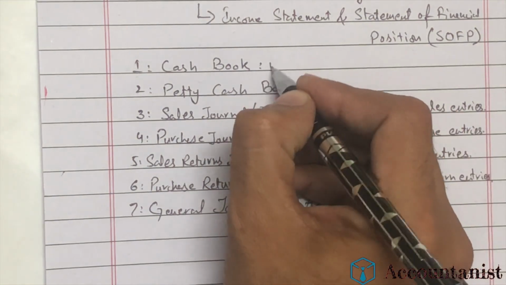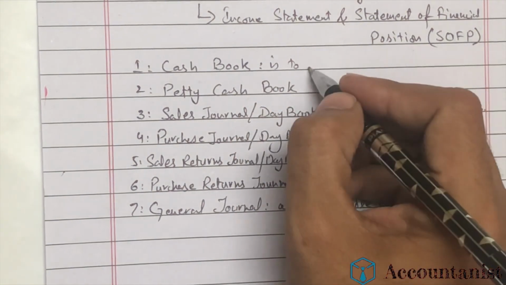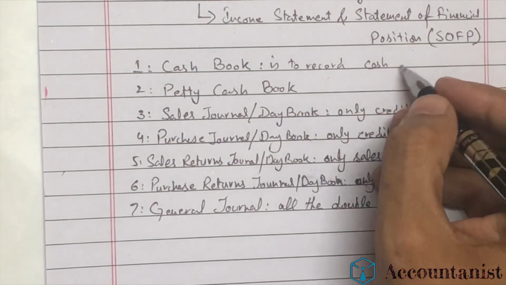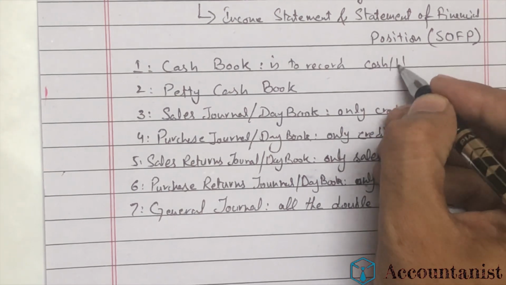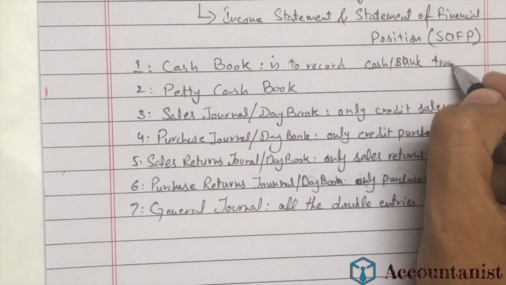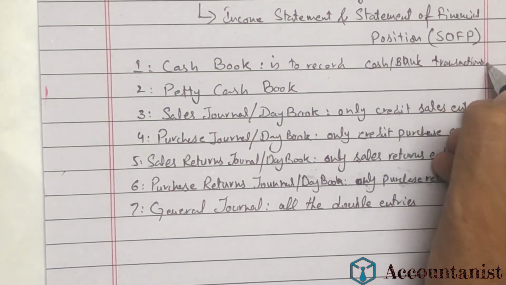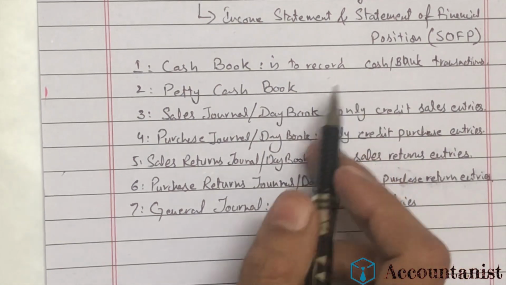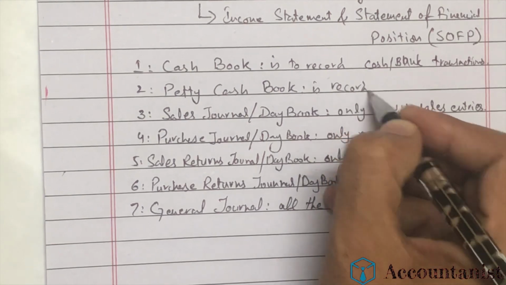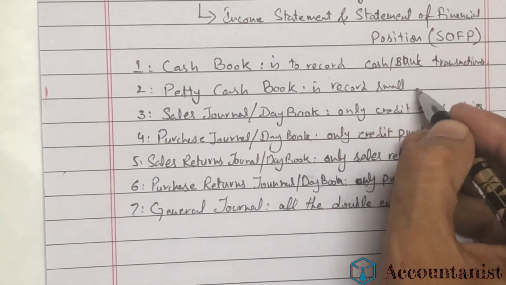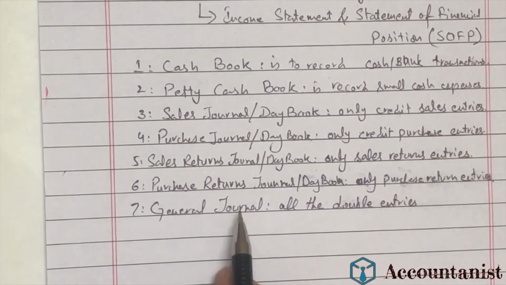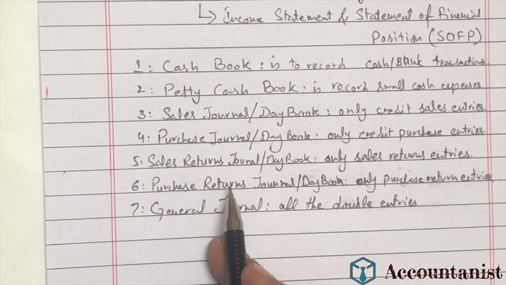We already learned about the cash book, which records cash transactions, cash or bank, as we know we can record bank transactions here as well, and discounts, the three column cash book. The petty cash book is to record small cash expenses. So this is another daybook.